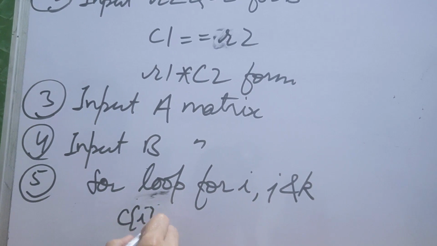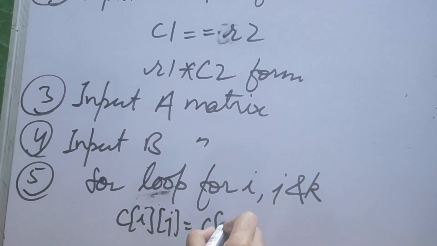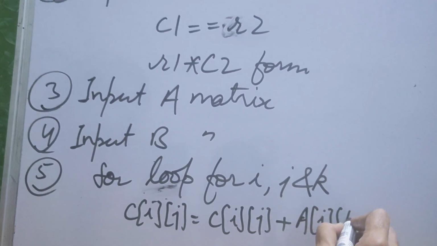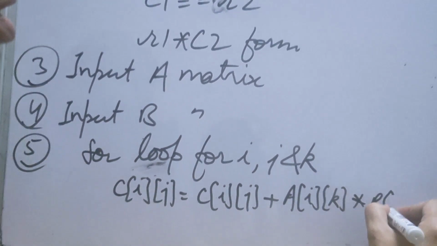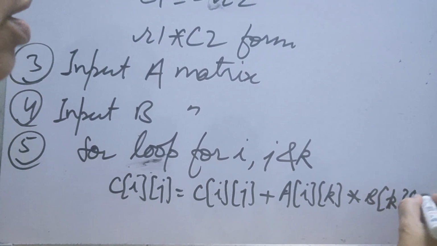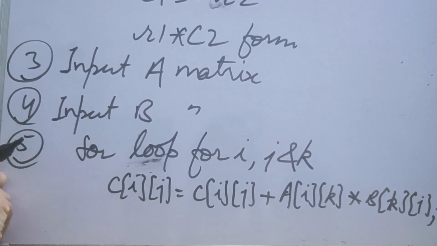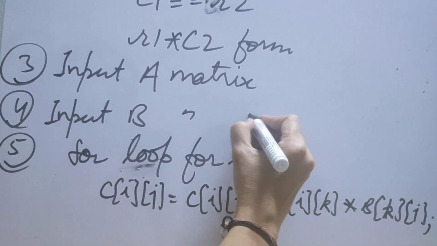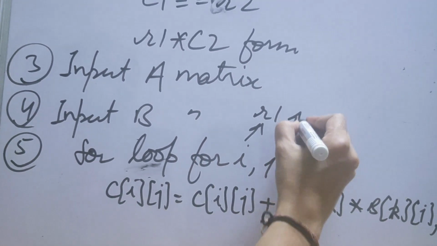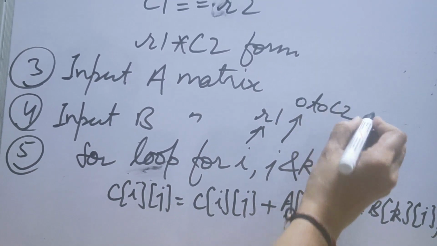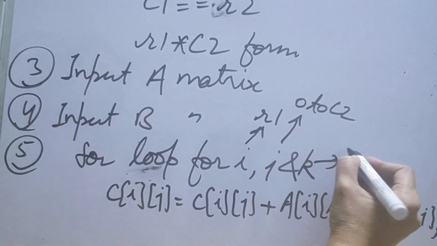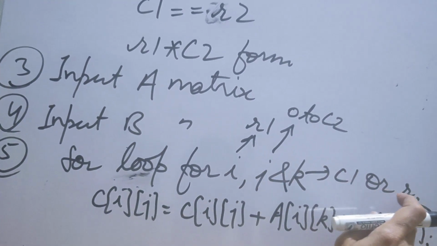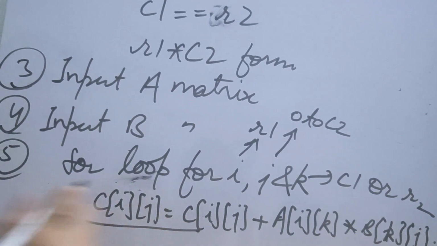C, I, J equals C, I, J plus A, I, K into B, K, J. I loop is from 0 to R1, J loop from 0 to C2, and then K loop with C1 or R2 from 0 to C1, or we can write it as 0 to R2, and this one formula.